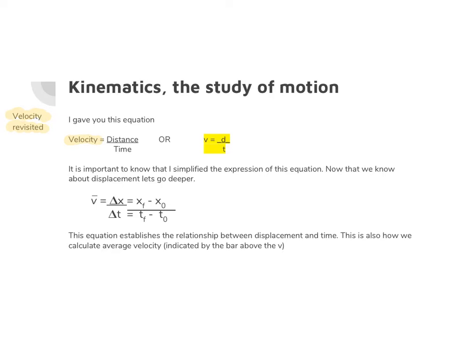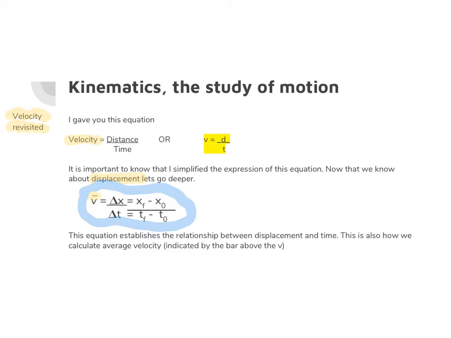Now that we know about displacement, let's dig deeper into this equation. This is our equation that we will use going forward to calculate velocity. It establishes the relationship between displacement and time. This is also how we calculate average velocity, as indicated by the bar over the v.